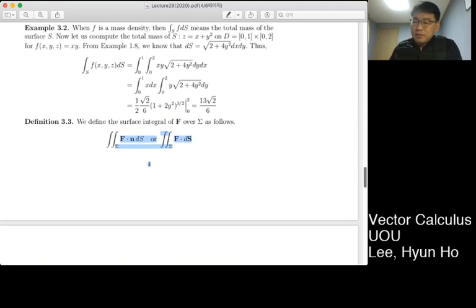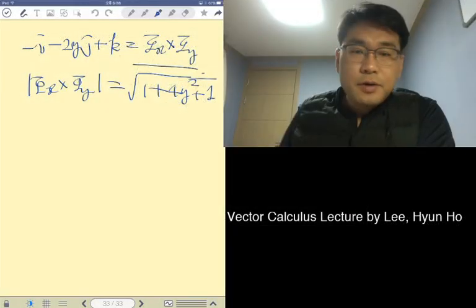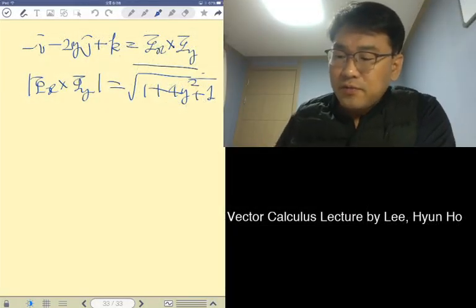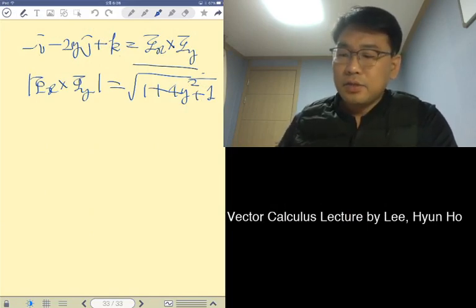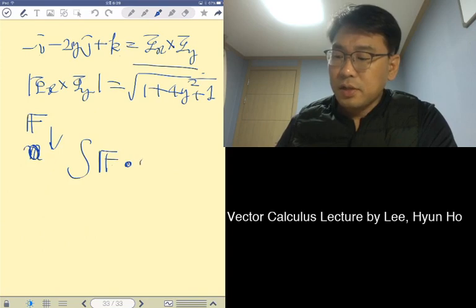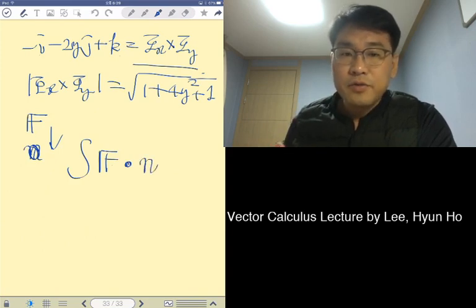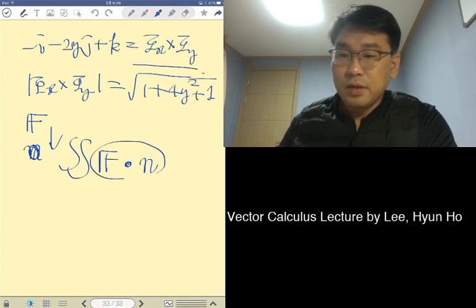But let me think about this. What was large N? Let me come back to this definition. When you are given a vector field F, then we can define F dot n as a scalar valued function, and then the surface area element.